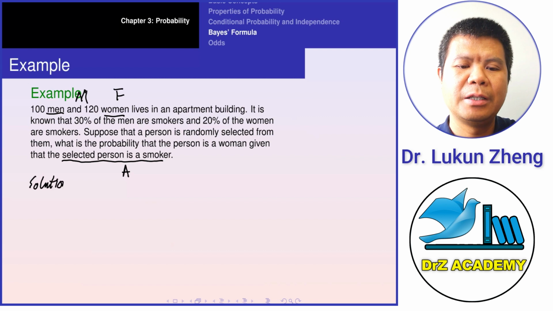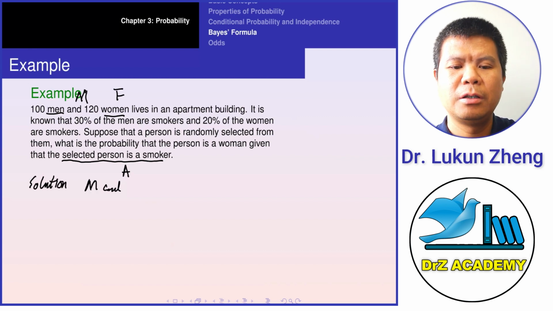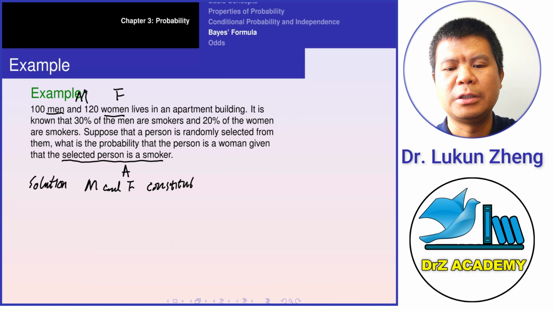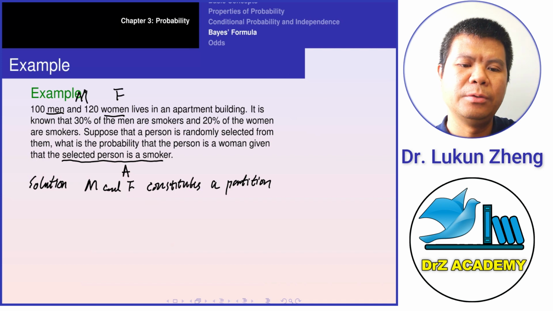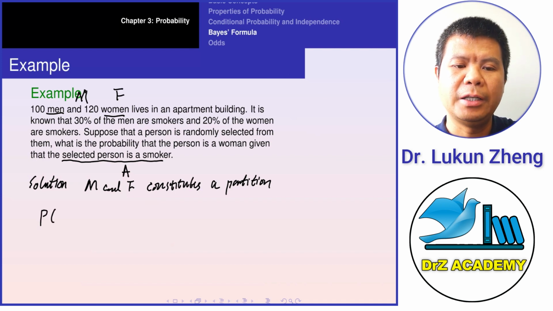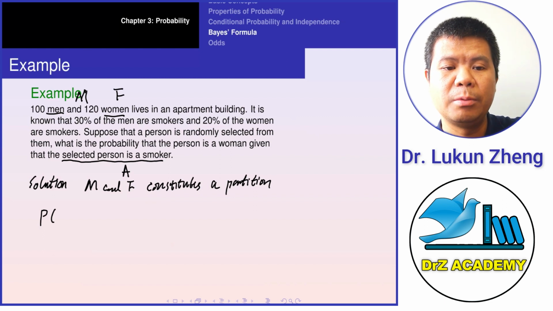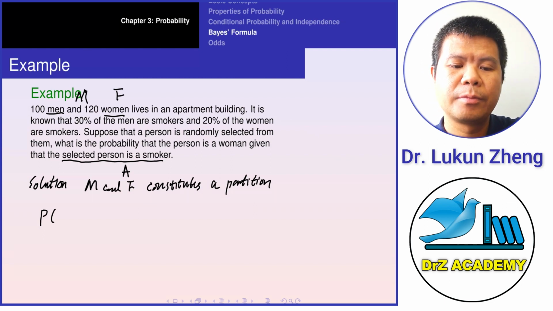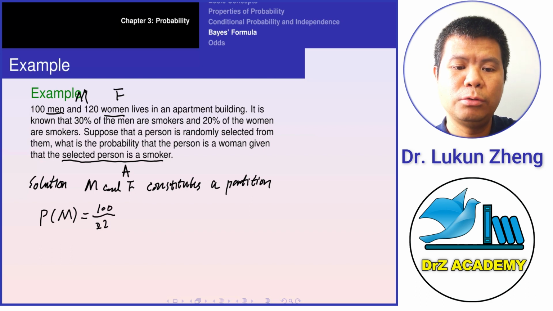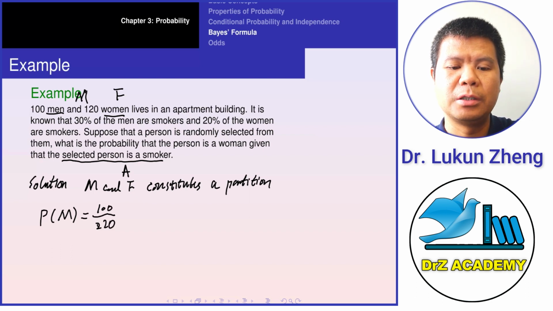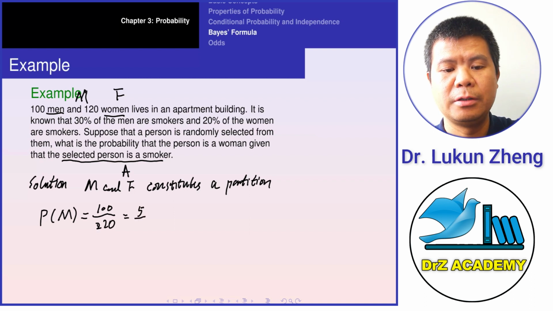Apparently M and female constitute a partition, and also we know the probability of A. The probability of M equals 100 over the summation, 220, which is 5 over 11.